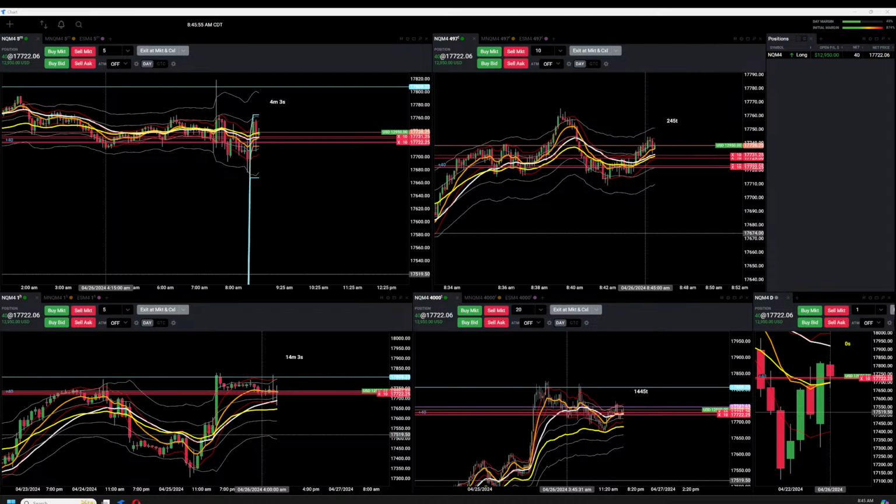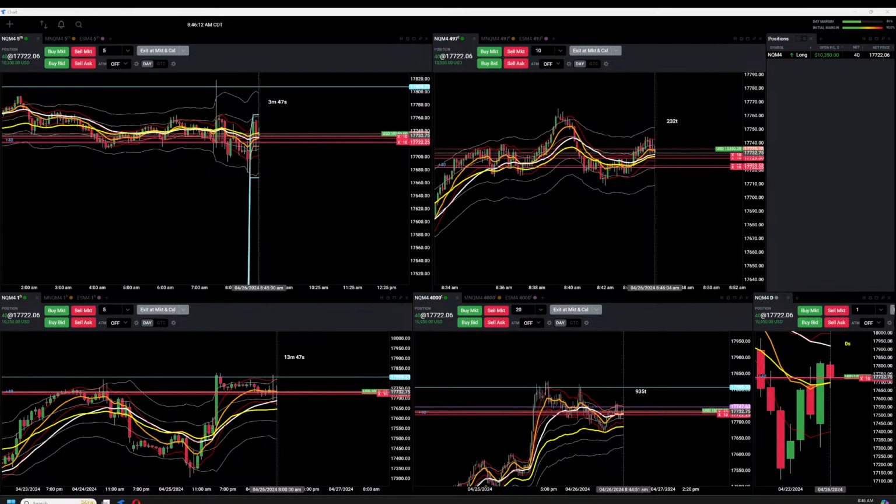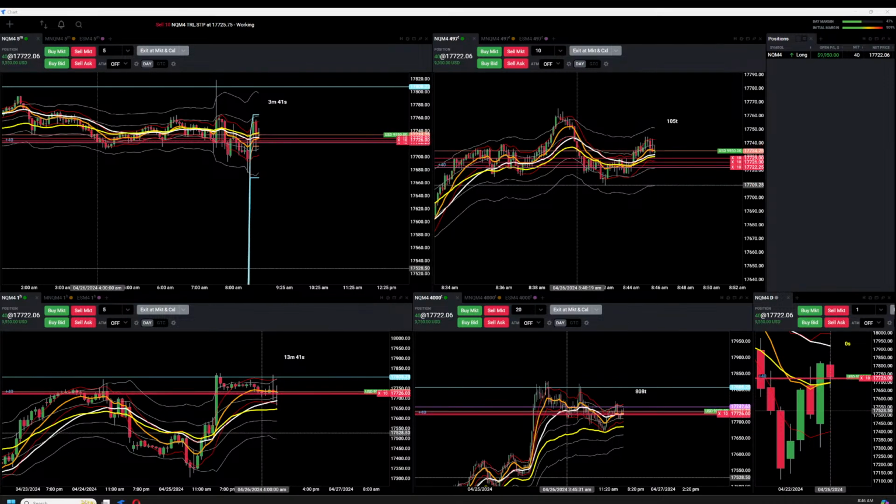I'll be looking at other things here in a little bit too. Yeah, it's just stalling there. Need to give it an opportunity to keep the open.